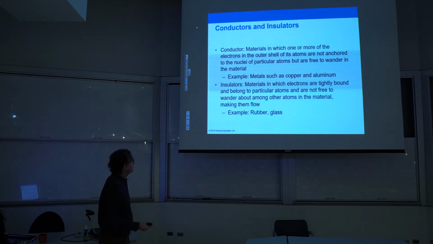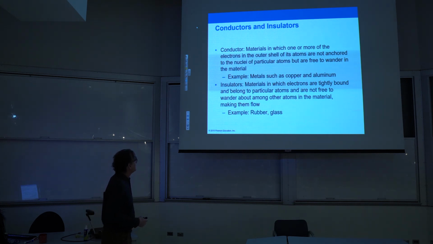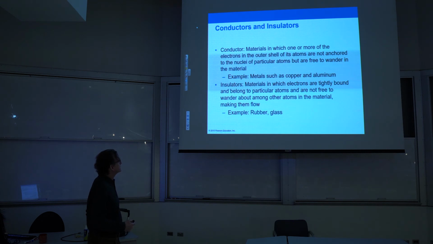On the other hand, we have materials in which the electrons are bound tightly to their nuclei. They are not free to move. They are not free to be dislocated from the central nucleus of the positive charge. Because they are strongly bound onto their atoms, they are not able to move, and therefore they do not conduct electricity.